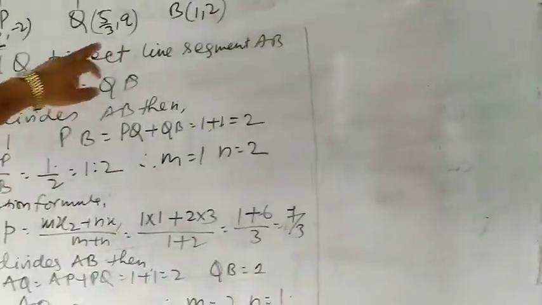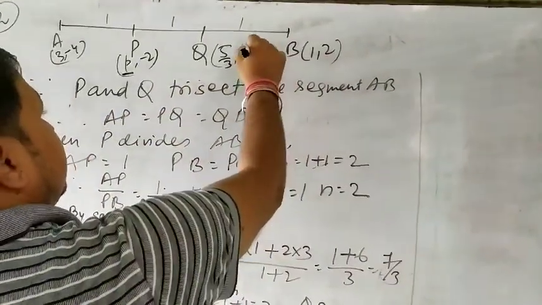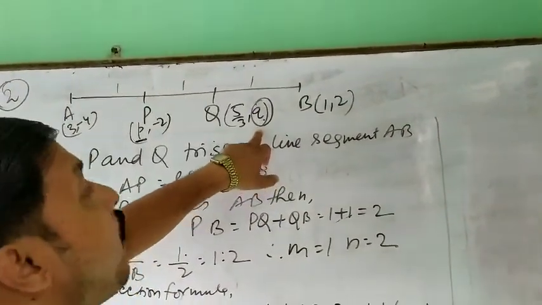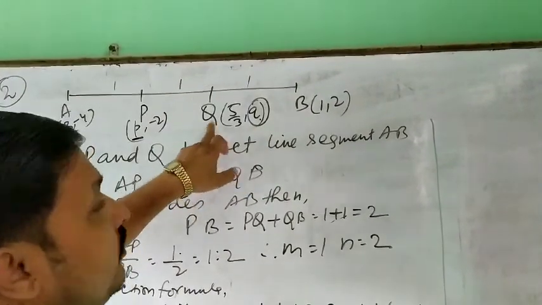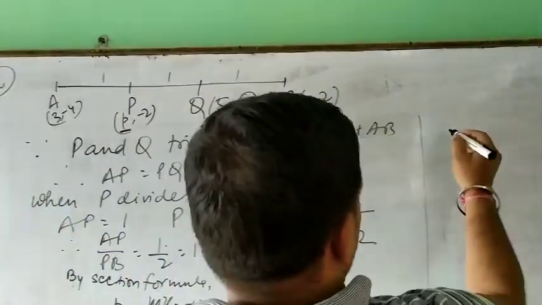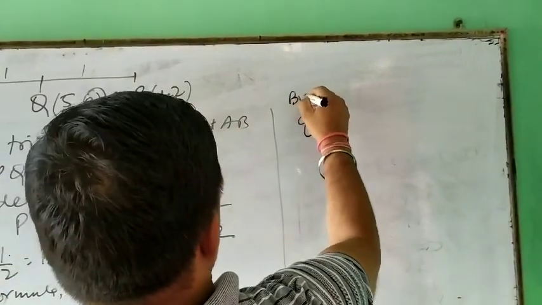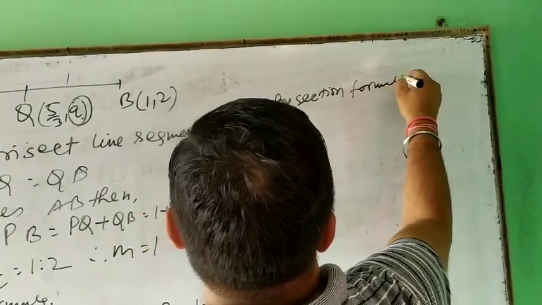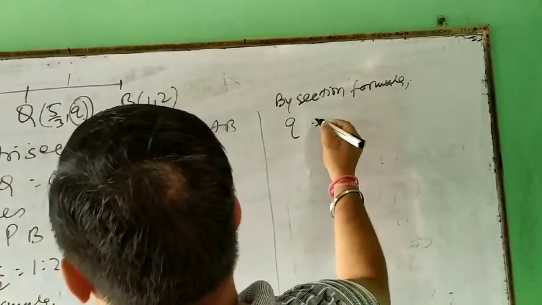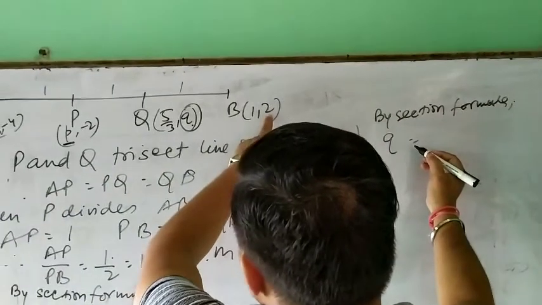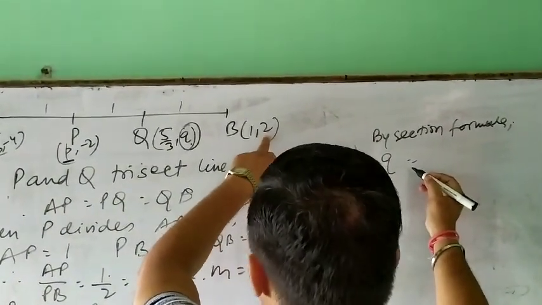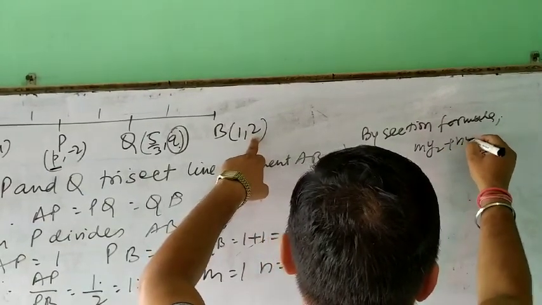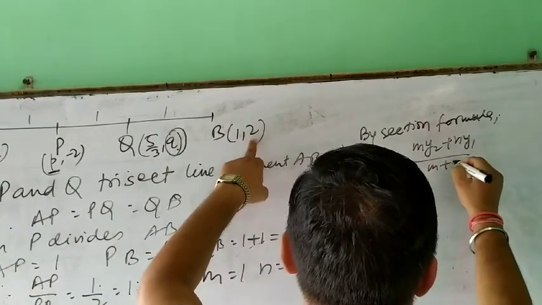After that, to find Q, in the place of y coordinates of Q, we use the section formula: y equals (m y2 plus n y1) by (m plus n).